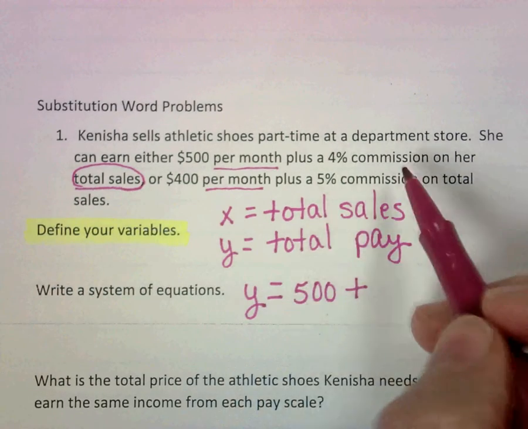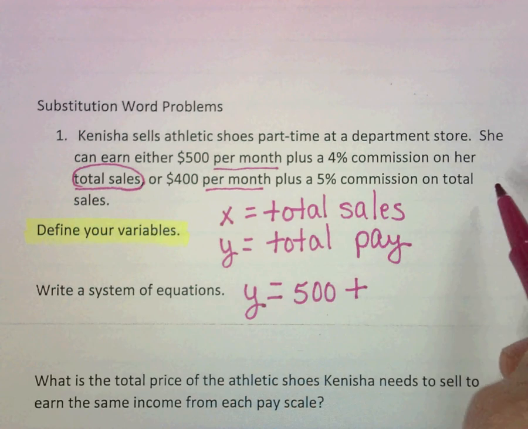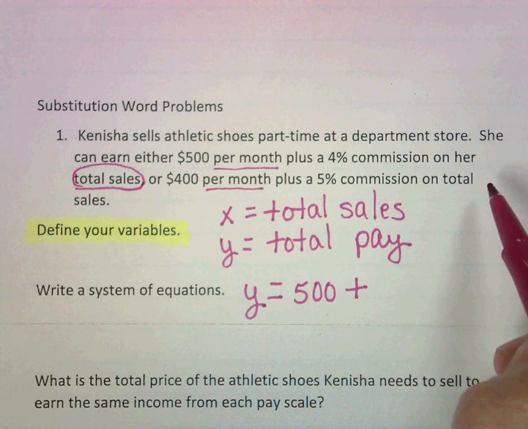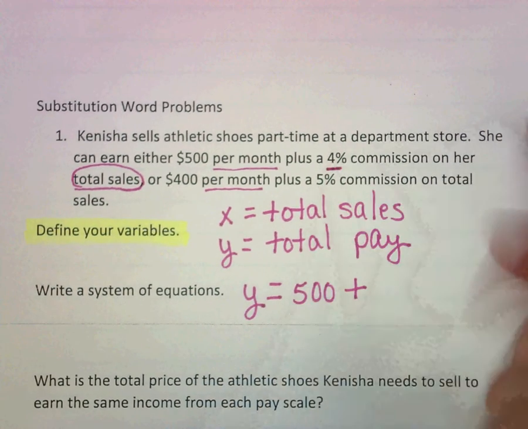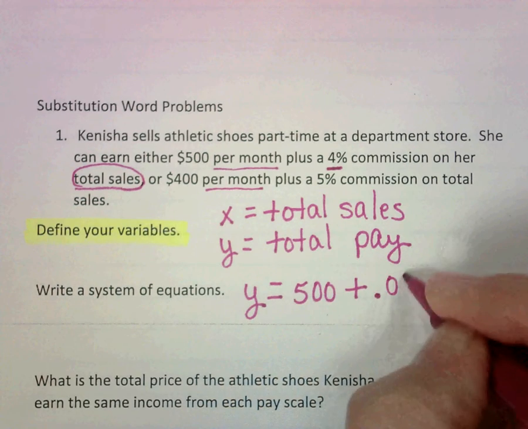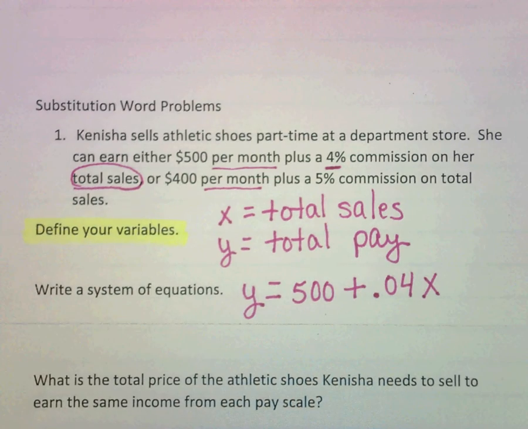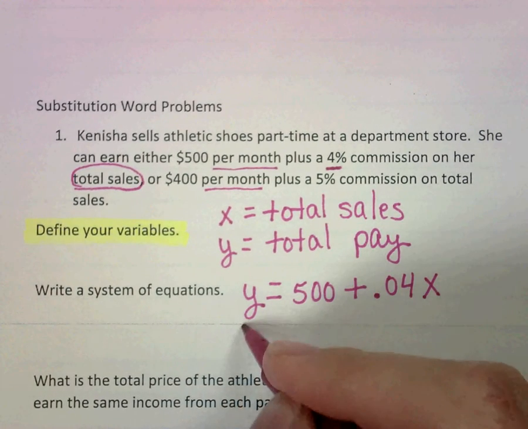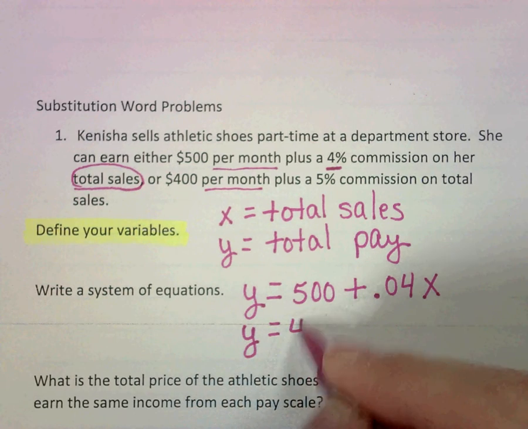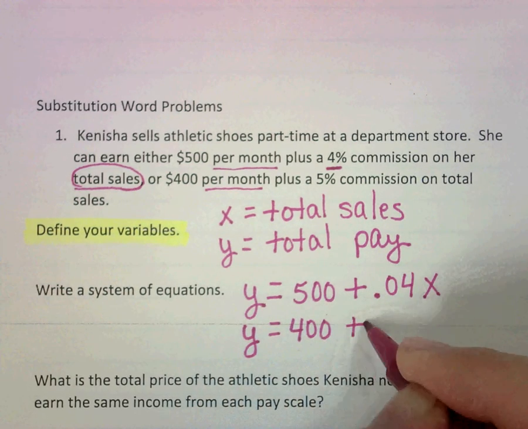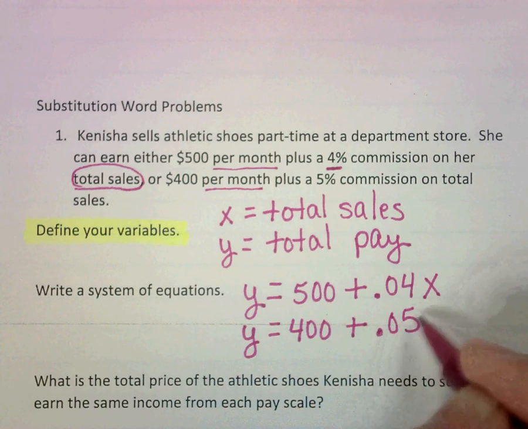Well, if we're earning a percentage of our sales, remember we multiply that, and anytime we have a percent in a problem, we need to make sure we change it to a decimal. So it'd be 0.04 times X. So there's one situation.